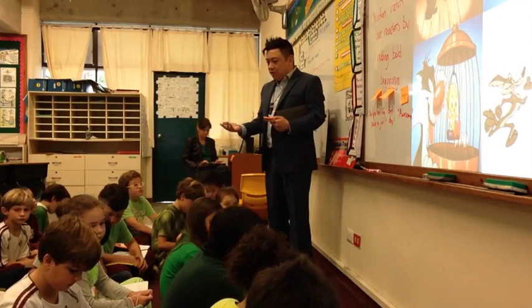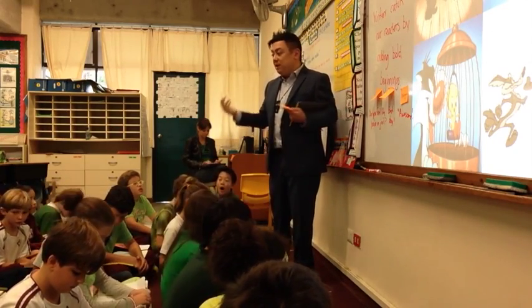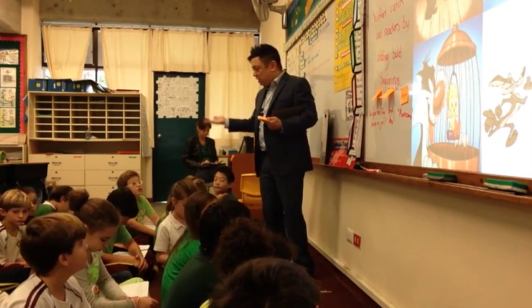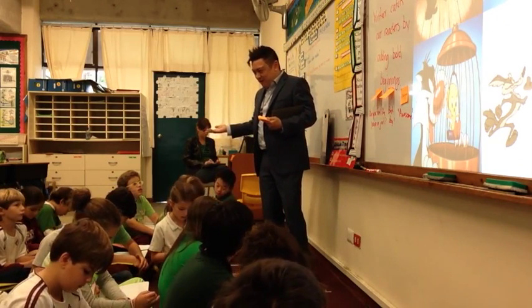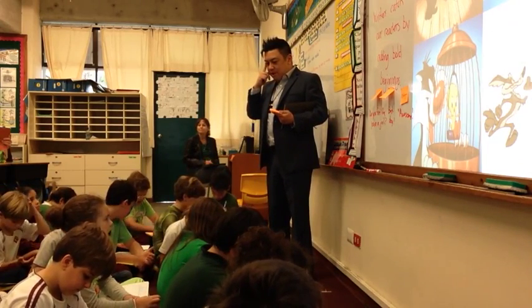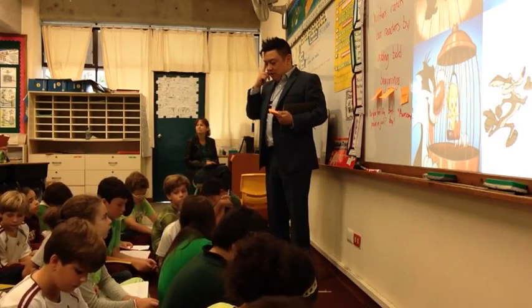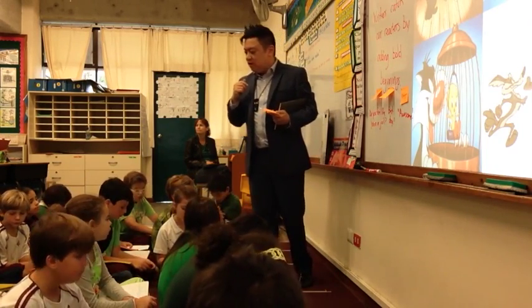Once again, practice that in your head. I chose to add a question because. Can you do that? You ready? So rehearse in your head what you're going to say. Think about why you chose that. All right, so turn and talk to your partner and tell them. Go ahead.